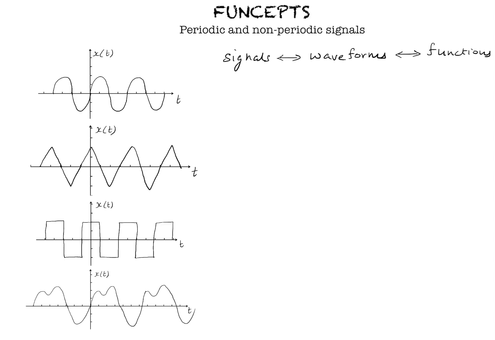So when we say a signal or a waveform or a function, we have the independent variable, which is usually the time plotted along the x-axis, and then we have the dependent variable, which is the variation in the amplitude, which is plotted along the y-axis, and we call it a function of time, which we have denoted here as x of t.